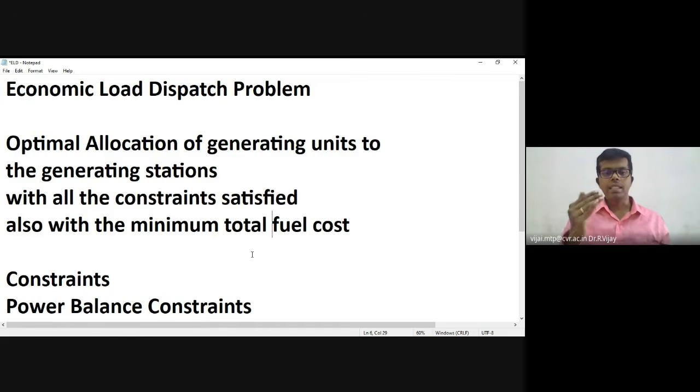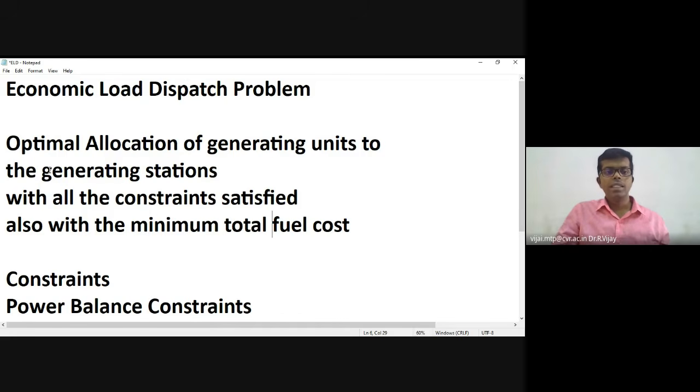If this rises, you need to select the optimal generators. That is called the optimal allocation. From the name itself, optimal allocation, from the 100 generators, you know the resource cost for each and every generator.